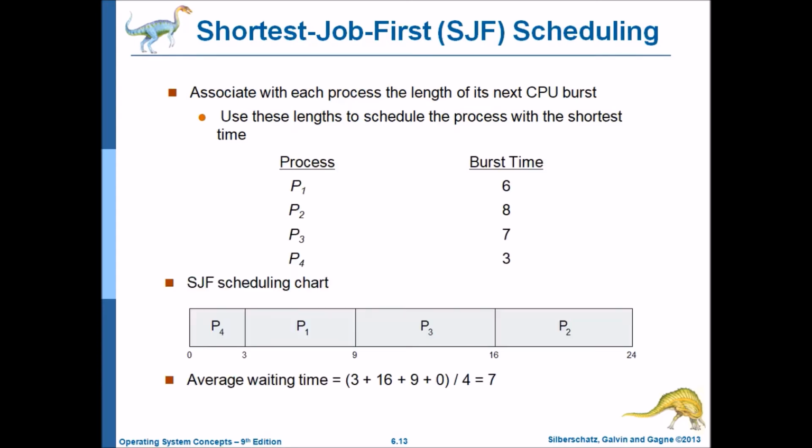So let's look at this example. Given the processes P1, P2, P3, and P4 with burst times 6, 8, 7, and 3 respectively, we have the shortest job first scheduling chart. The shortest burst time would be 3 for P4, so this would be first, and then next would be P1 with 6, then P3 with 7, and last would be P2.